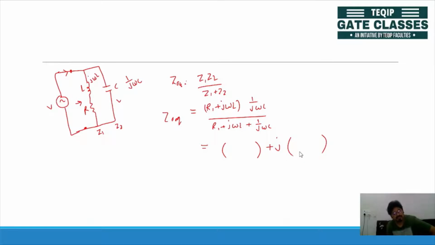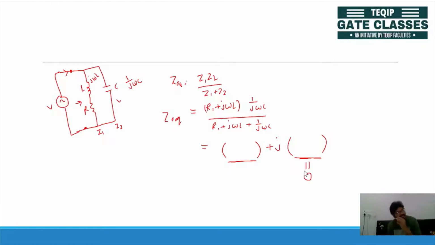So to calculate the resonating frequency, at the resonating condition your circuit will be purely resistive, so you will get only the real part of impedance. That means at resonating condition, this imaginary part, whatever it is, should be equal to 0. So you just put this imaginary part equal to 0, and from this equation you will get your resonating frequency.